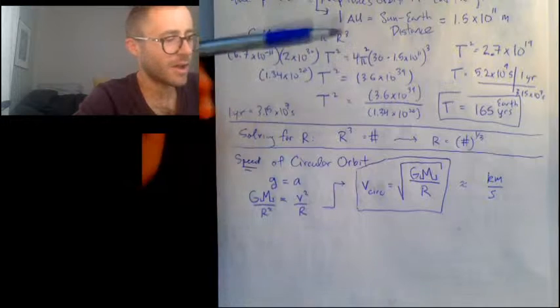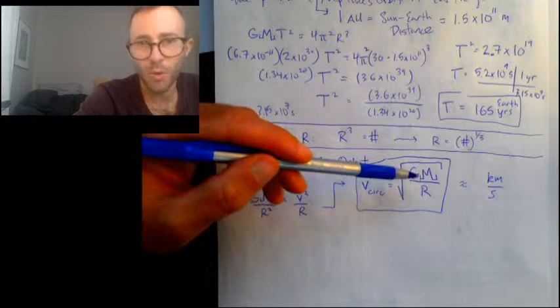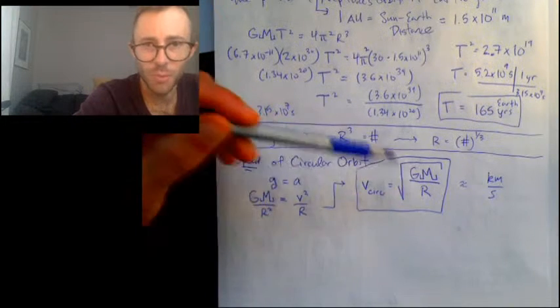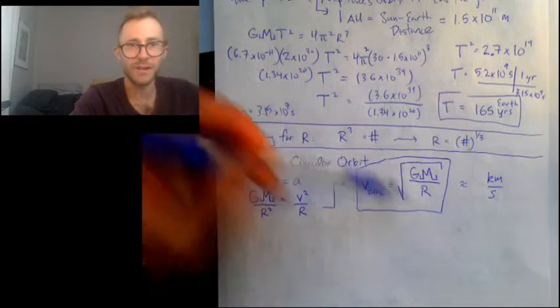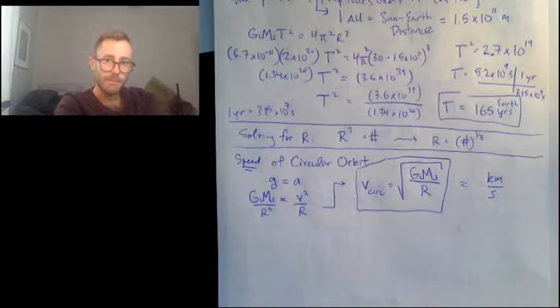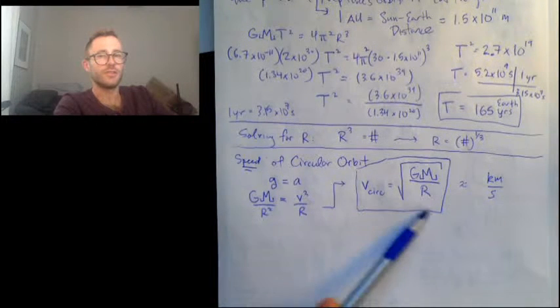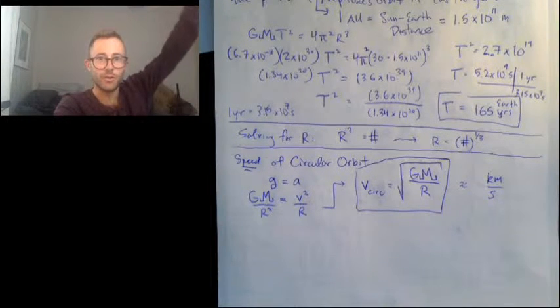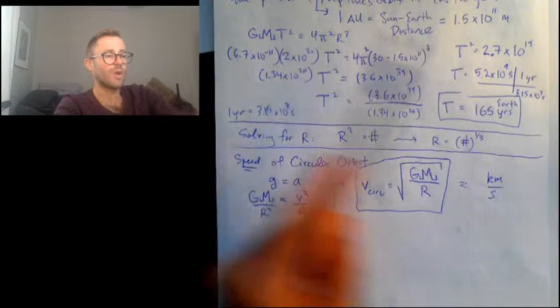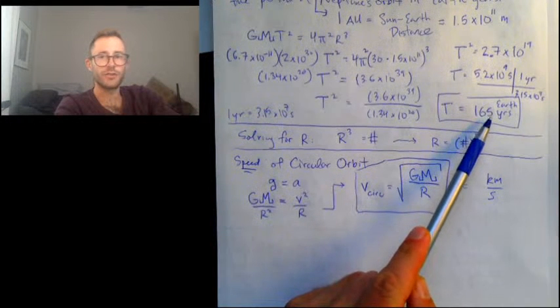Now, let's talk about how this depends on mass. Well, the more massive the star is, see how M is in the numerator here. The more massive the star is, the faster the things that are orbiting are going. Okay? And then we can see r is in the denominator, so the bigger the orbit is, the slower the speed of the orbit. So this explains why Neptune's orbital period is so much more than Earth's.